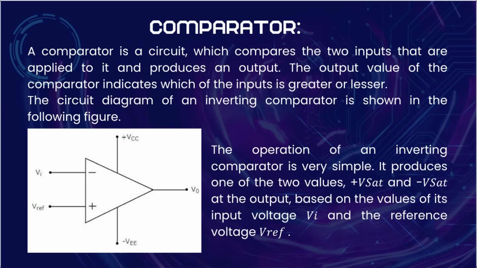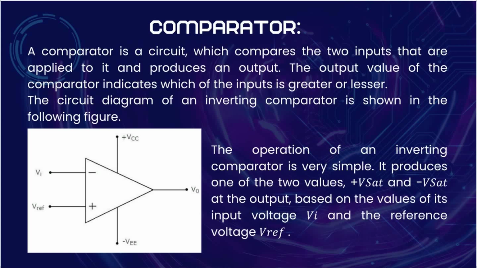Next is the comparator. A comparator circuit compares the two inputs applied to it and produces an output. The output value of the comparator indicates whether the input is greater or lesser. Please note that the comparator falls under the nonlinear applications of integrated circuits.